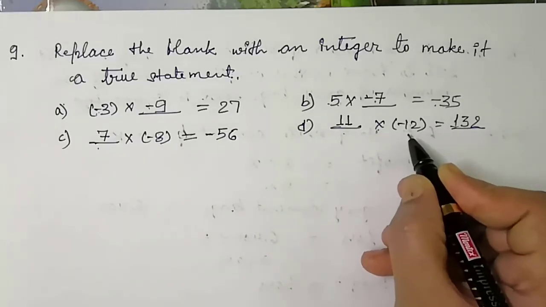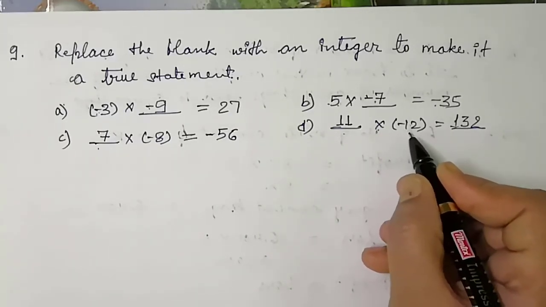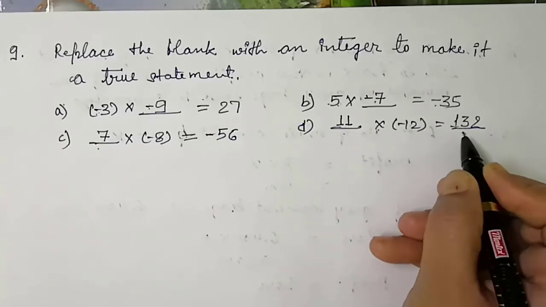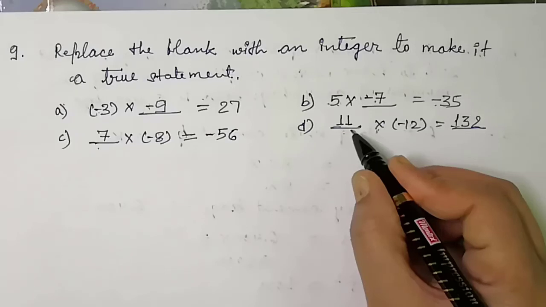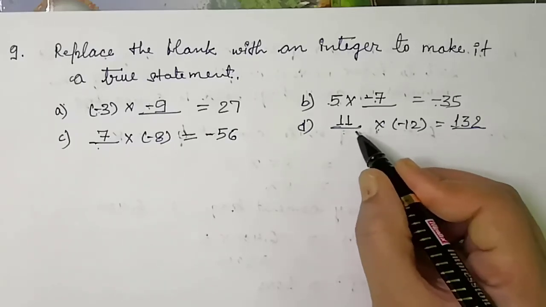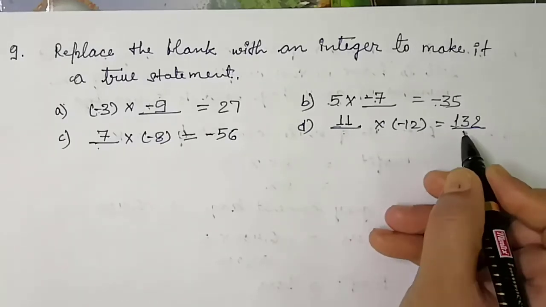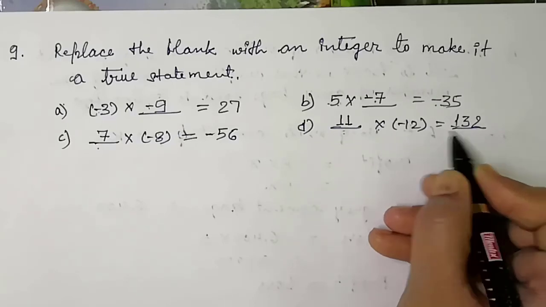For this type, you just try 2 or 3 times. You will get near these numbers, and then you will find the exact number. Then when you multiply by this, you get 132.